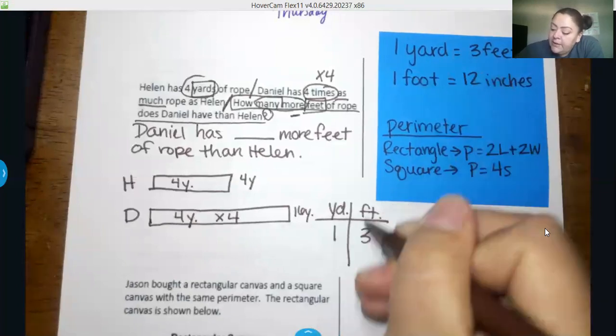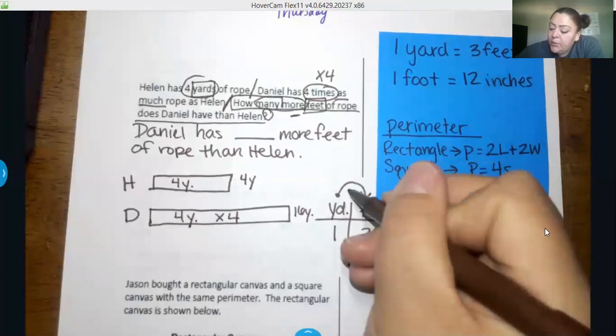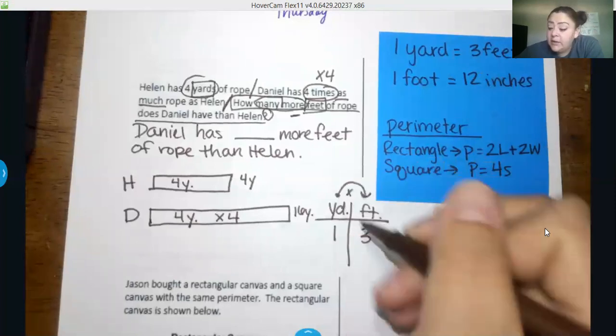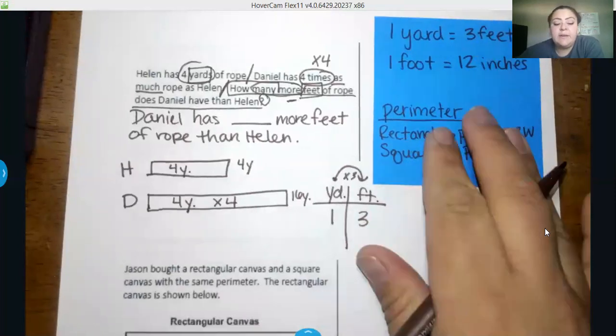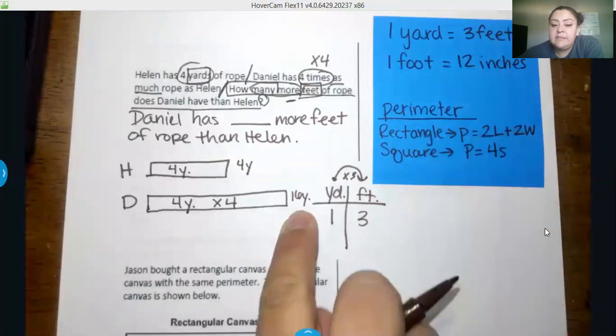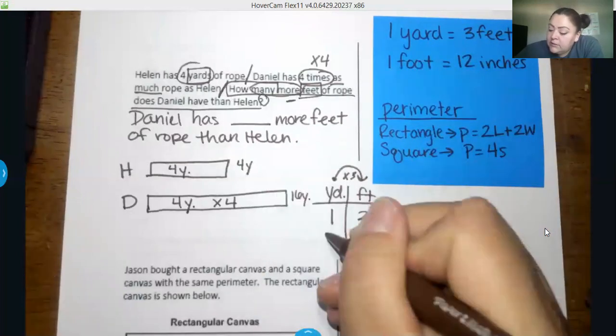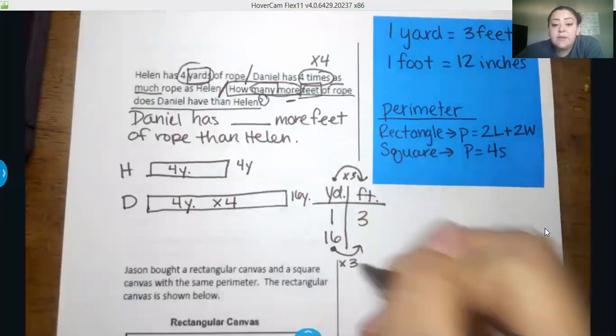Remember, I'm finding the relationship. I'm increasing, so I'm going to multiply. 1 times what gives me 3? I know that 1 times 3 gives me 3, so I was able to find the relationship. Now I'm going to plug in what I know. I know 16 yards, so I'm going to plug that in. I'm going the same way, so times 3.